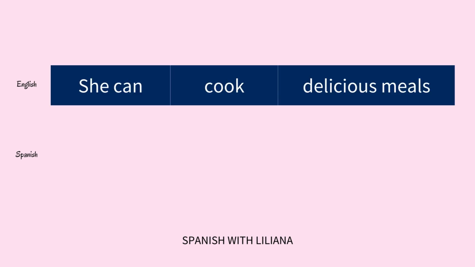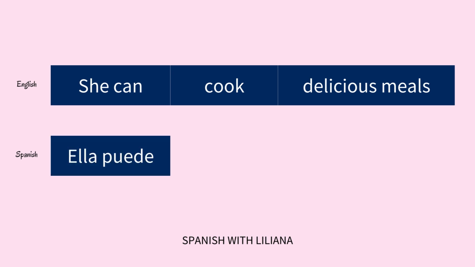All right, the next sentence is she can cook delicious meals. How do you say she can in Spanish? Ella puede. And again, you can drop the pronoun. Puede. Just keep in mind that when we're using she or he and dropping that pronoun, the sentence could be for either one, right? So if you want to be very specific, you can add the pronouns. Ella puede. Él puede.